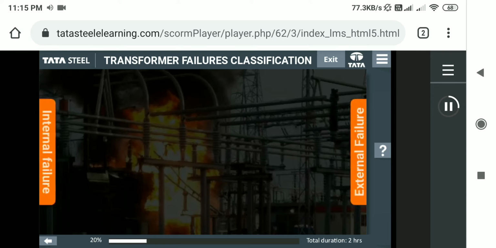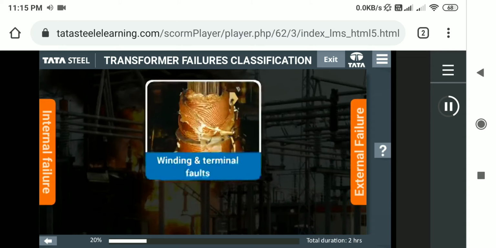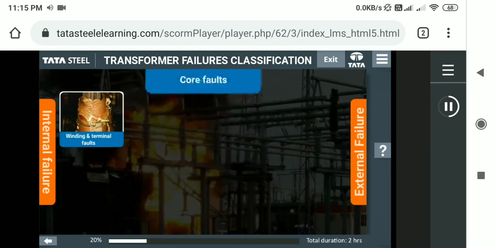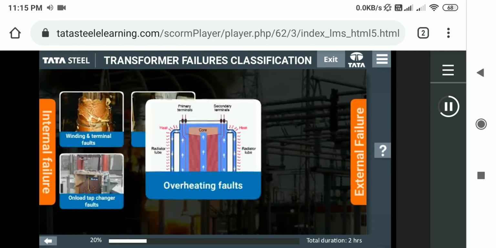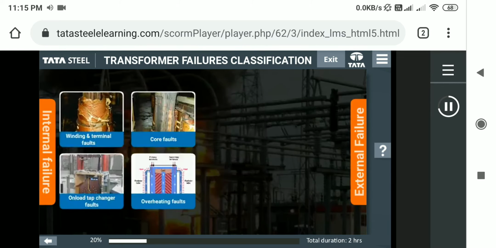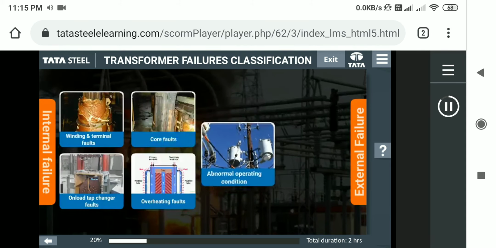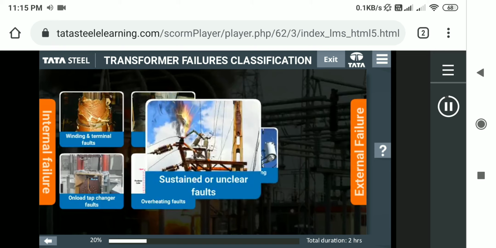They are as follows. Internal failure causes: winding and terminal faults, core faults, on-load tap changer faults, overheating faults. External failure causes: abnormal operation condition, sustained or unclear faults.